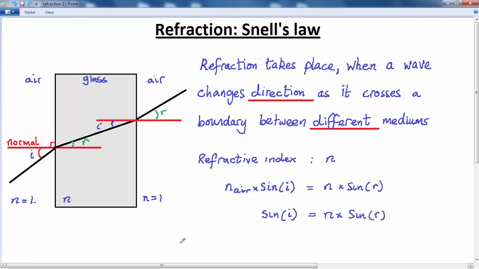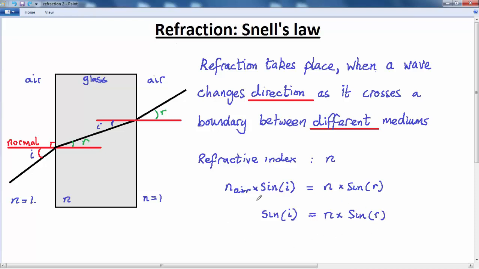Now, in many GCSE type questions, and I've reviewed quite a few, it seems to me that one of the things they typically ask you is to find the refractive index of a material, knowing the angle of incidence and knowing the angle of refraction.